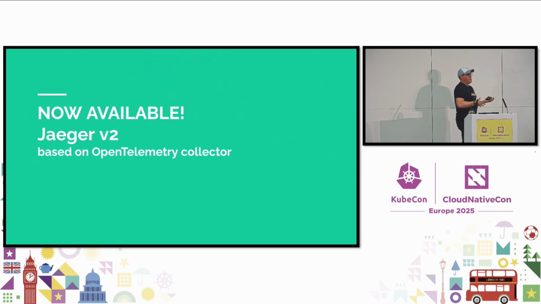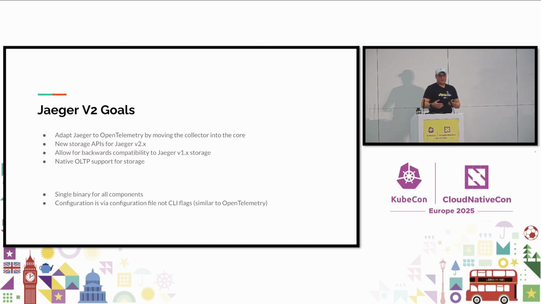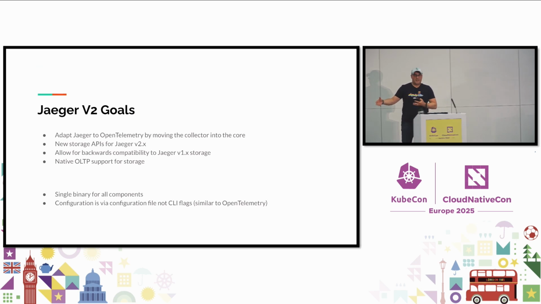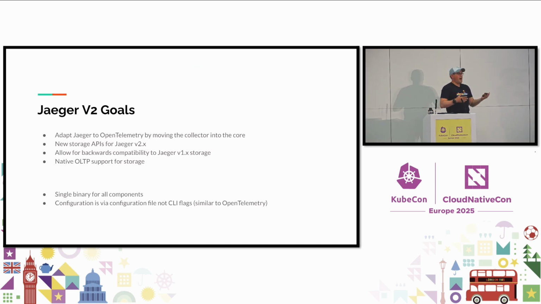Over time, we got rid of our instrumentation. We've moved everything to OTel, and now the second part of this is to actually move the Jaeger components on top of OpenTelemetry. So we essentially re-platformed the entire backend and the processing on OTel, and then we ported over all of our APIs and other things that were part of Jaeger, and made it completely backward compatible.